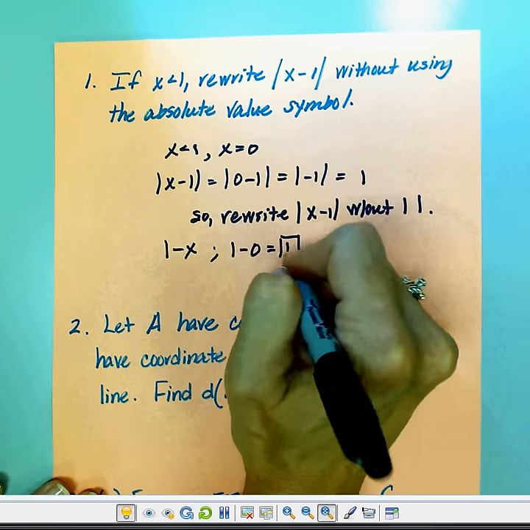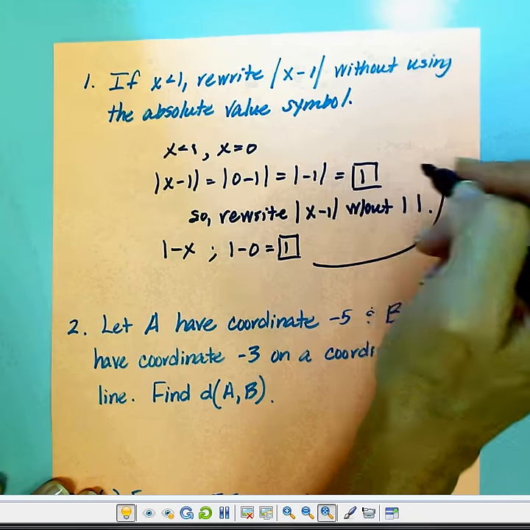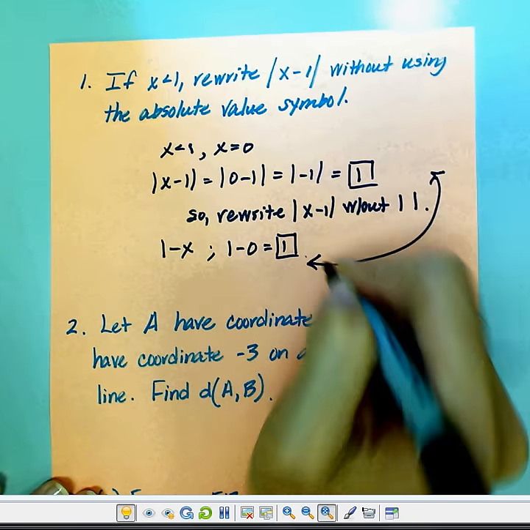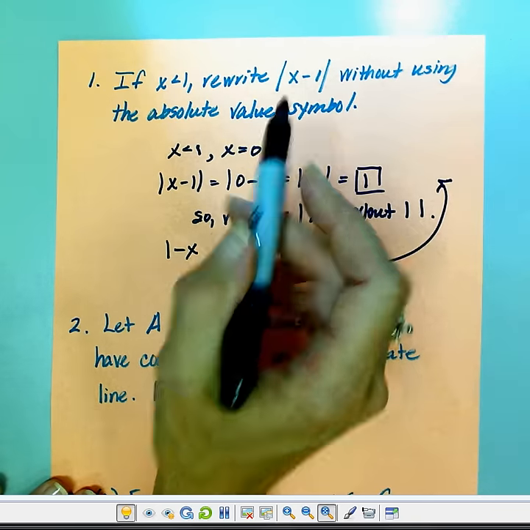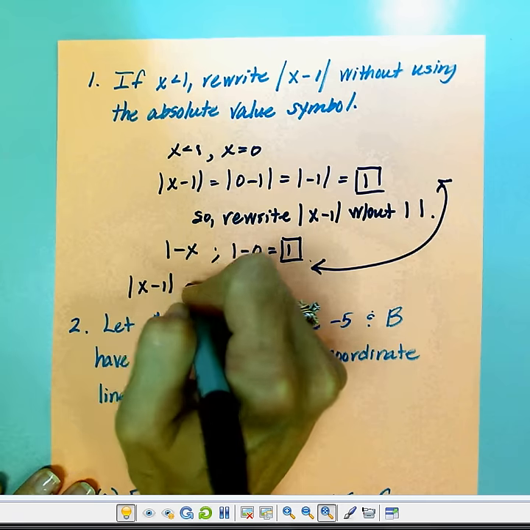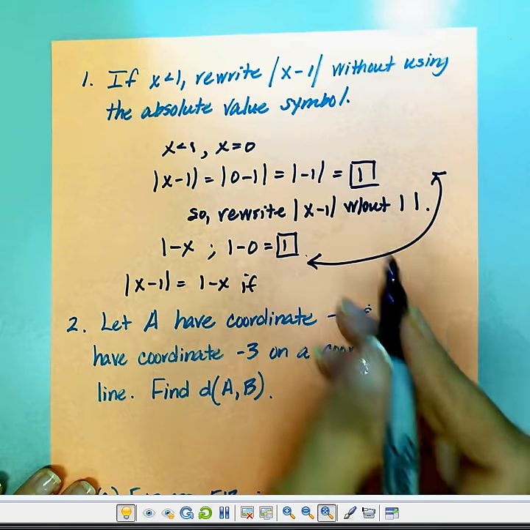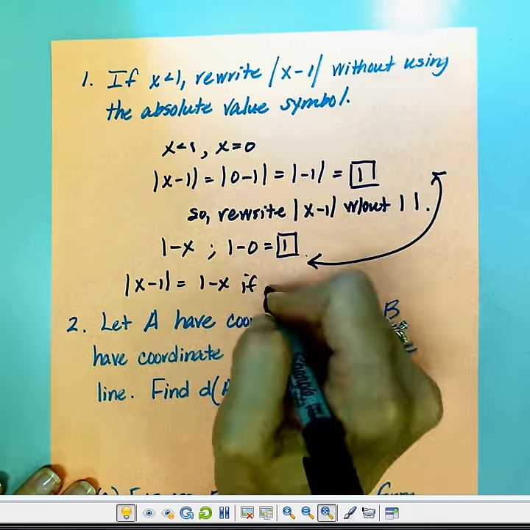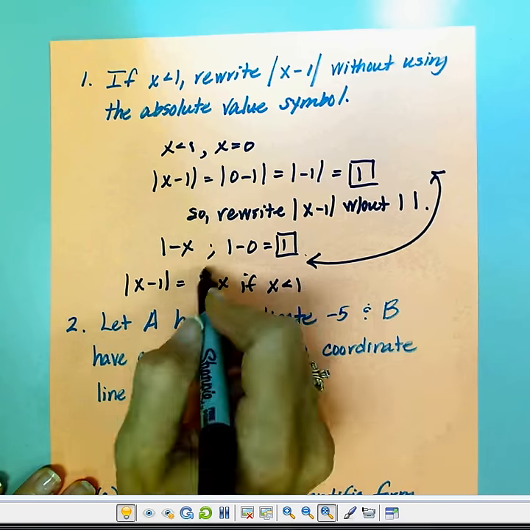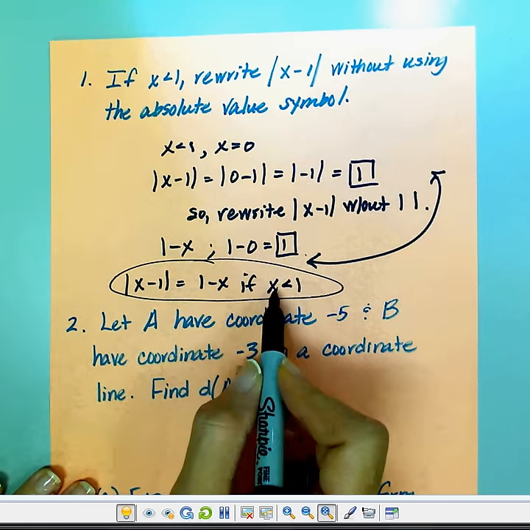So when I come up with that same quantity that I came up with using absolute values, and now without absolute values, we can go ahead and say that the absolute value of x minus 1 is equal to 1 minus x, as long as we have our stipulation on our domain that says if x is less than 1. So this is only true choosing values of x less than 1.